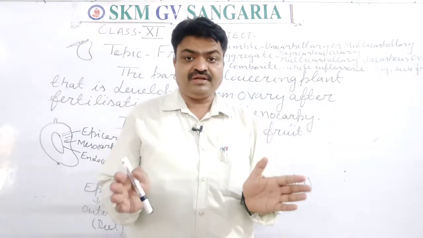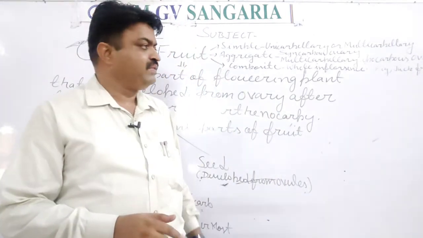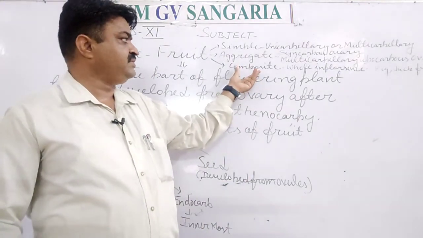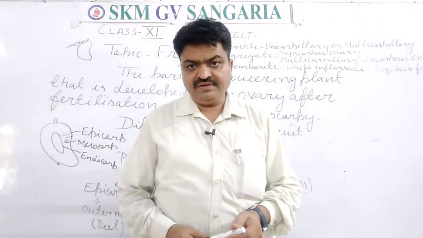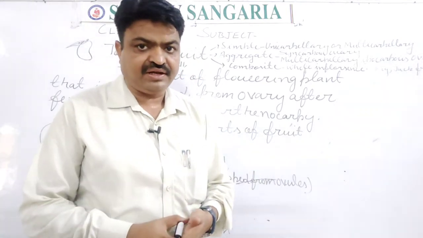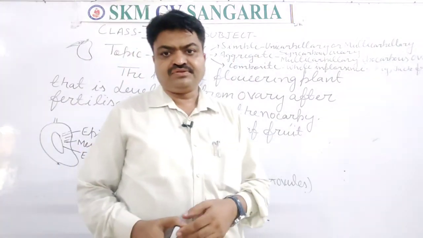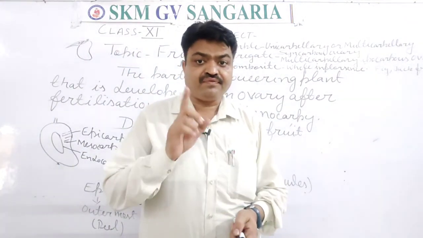It means different flowers develop into a single fruit. And the examples of this are fig and jackfruit. Fig and jackfruit come in the category of composite fruit, students. So it is about the fruit.